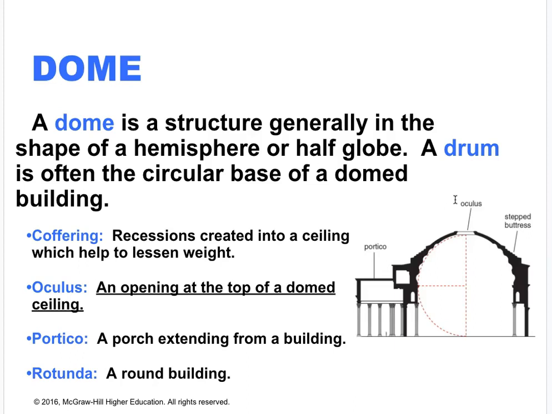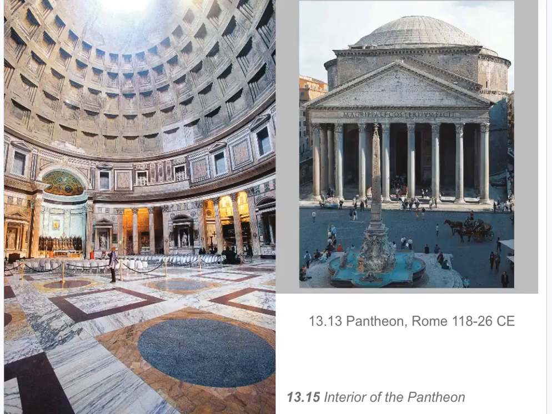I'm going to show you back to this image again to help you see the coffering. So coffering is recessions created into a ceiling which help lessen the weight. It's decorative, it's got repetition, it's got lines and interest, so it's doing a lot aesthetically, but these are like chunked out.